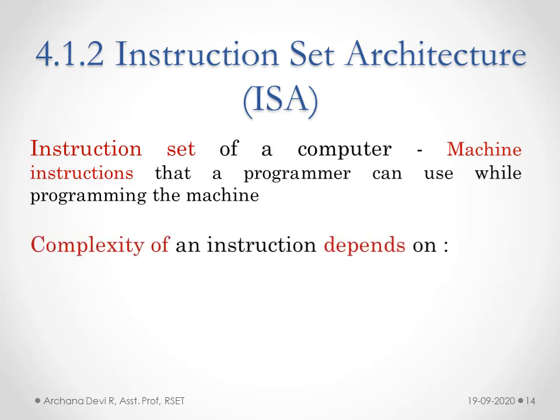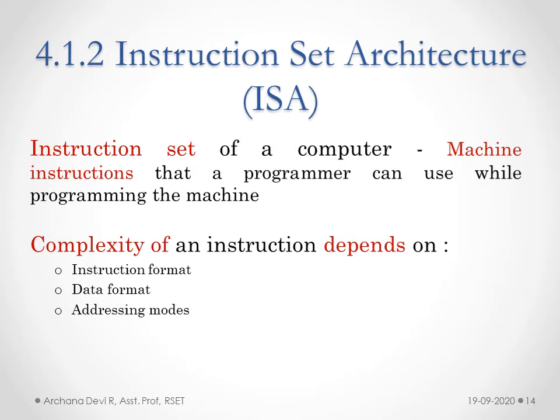So the complexity of an instruction depends on various factors like instruction format, whether there is a single instruction format or multiple formats, data format, in which all ways you can represent the data: integers, floating point, characters, and the various addressing modes.